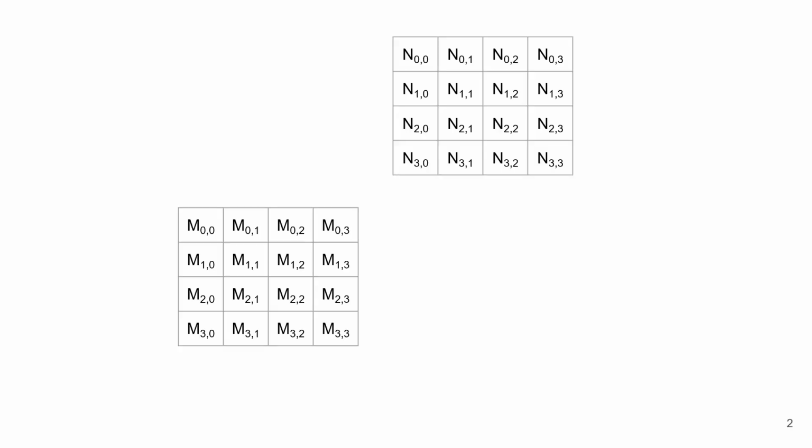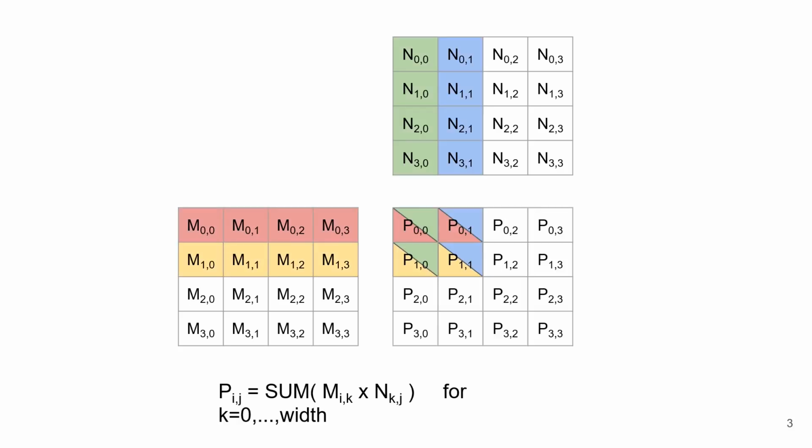Assume we have two squared matrices M and N with the same size. In other words, the width or the number of columns and the height or the number of rows are equal. We know that the output matrix, or P, has the same size as inputs, and the value of P of I and J is the result of dot product operation on the ith row of M and the jth column of N. We also assume that the width refers to the number of columns of the input matrices.